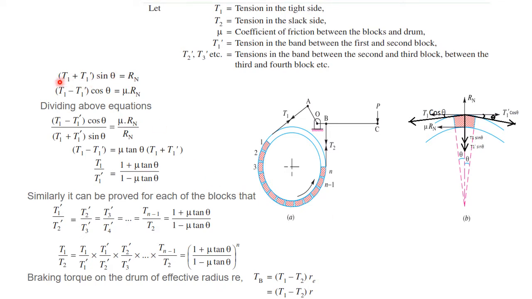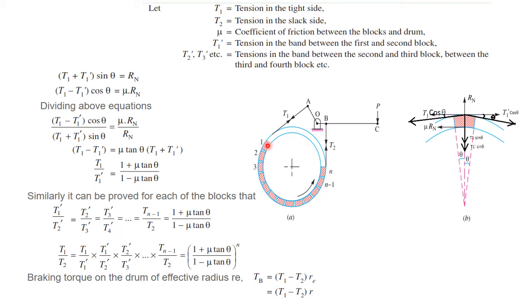So T1 plus T1 dash, times sin theta, is equal to Rn, as both act towards the center of the drum, and T1 dash minus T1, times cos theta, is equal to mu times Rn. These are the two equations. Dividing the second equation by the first, we get T1 upon T1 dash is equal to (1 plus mu tan theta) divided by (1 minus mu tan theta). That is the equation for only a single block.